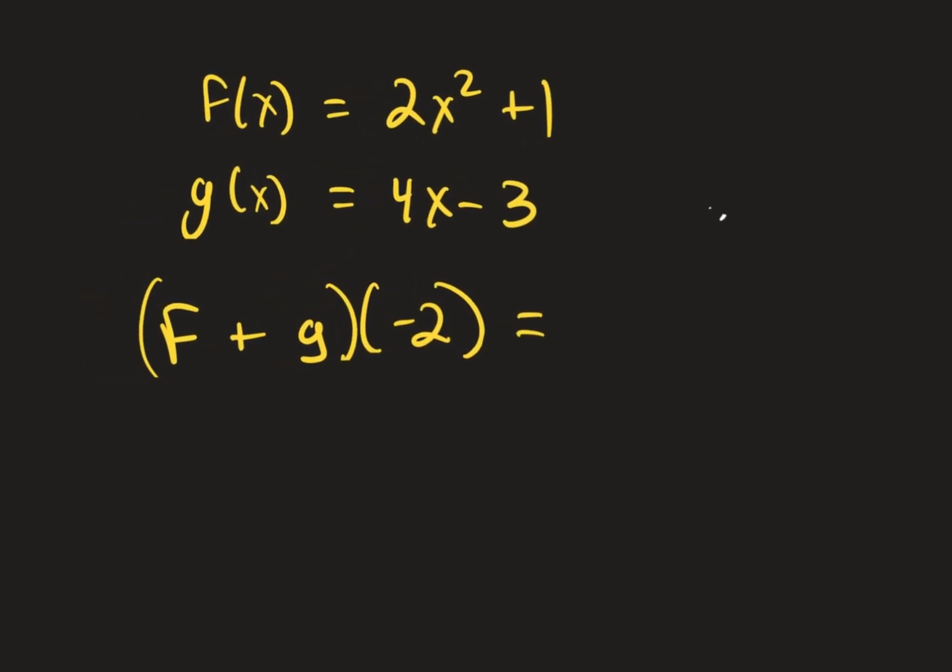So we've got f of x is equal to 2x squared plus 1. g of x is equal to 4x minus 3. The question is, what's f plus g of negative 2?